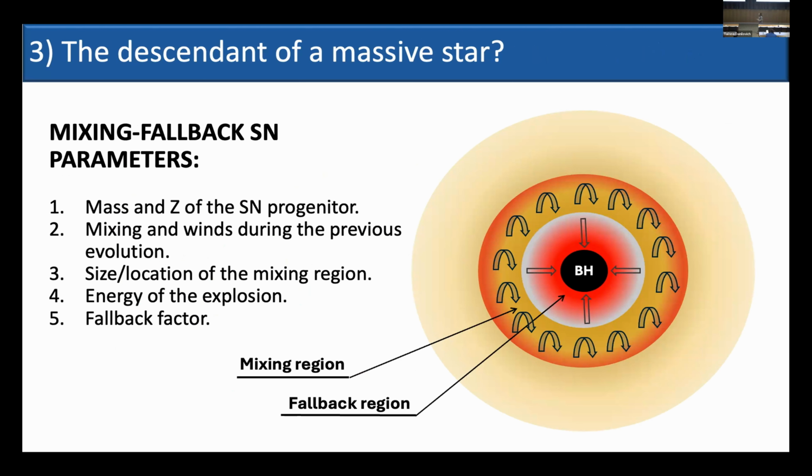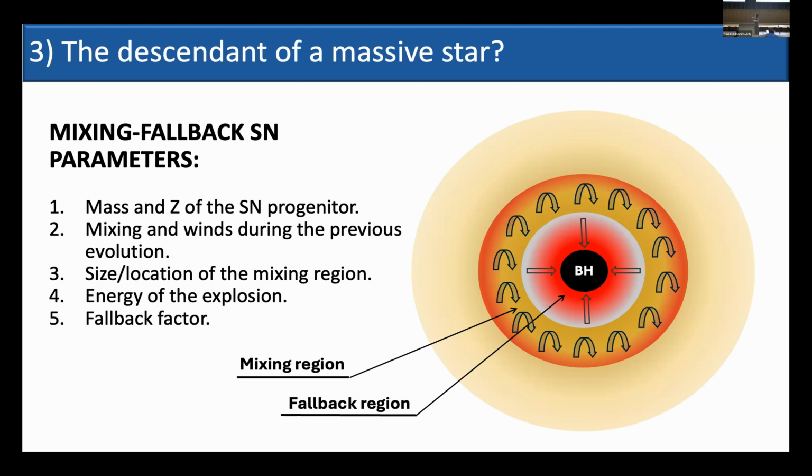The thing with these models is that they have lots of parameters to play with. So of course, the initial mass of the star, the initial metallicity, but the limits, the boundaries of these mixing regions change. So you can get anything from iron peak elements, silicon, neon, anything there.